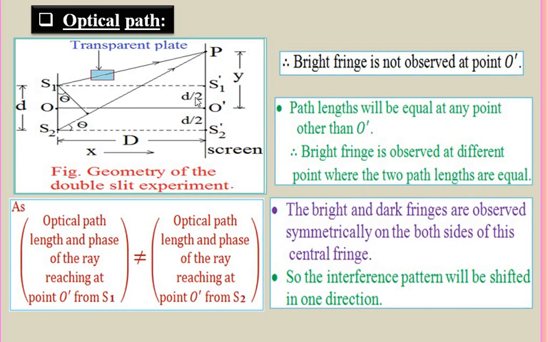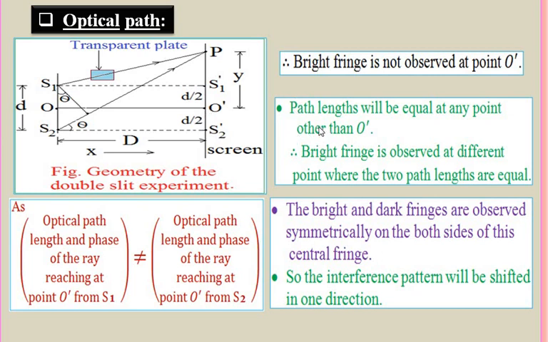Here we cannot observe the bright point because the optical path length and phase from S1 to O is not equal to the optical path length and phase from S2 to O. So we cannot observe the bright point at point O'.